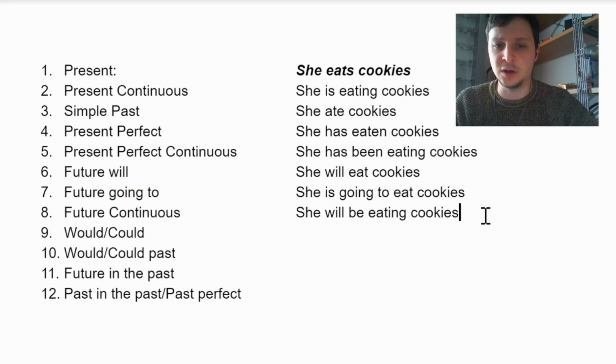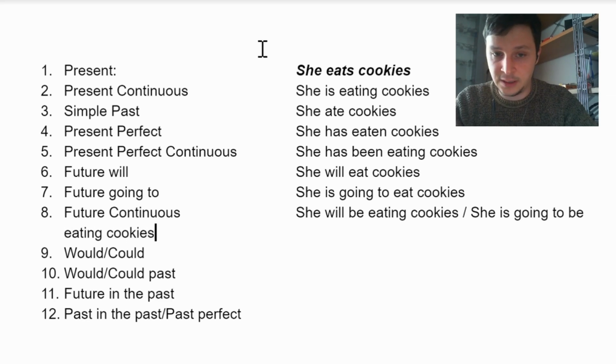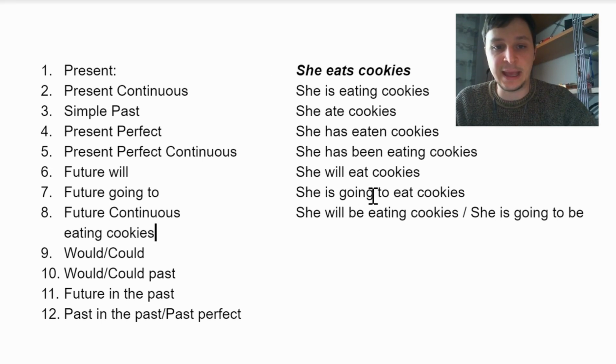That's another future. Can we do continuous with going to? Yes. She is going to be eating cookies. Okay? Honestly, I just add she is going to and add be again, like this, and then add eating. Okay? So it's actually pretty easy.